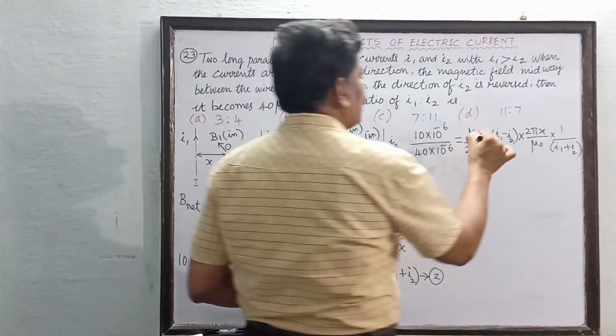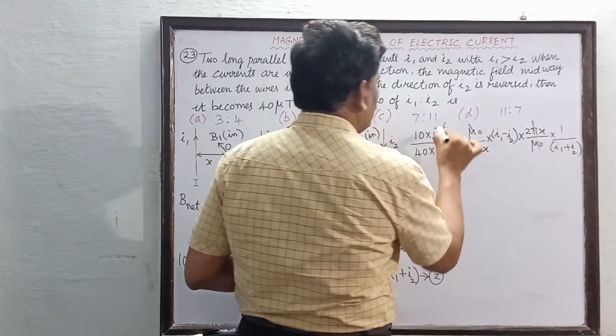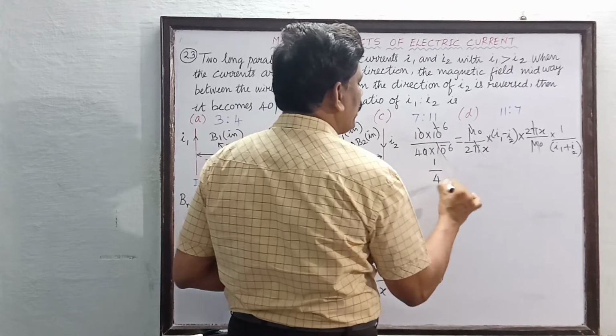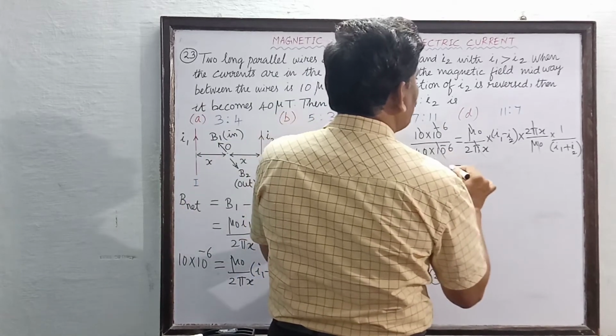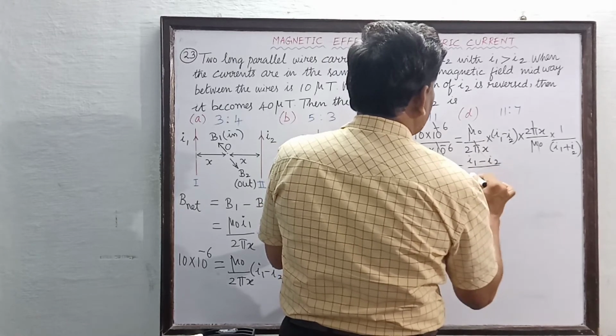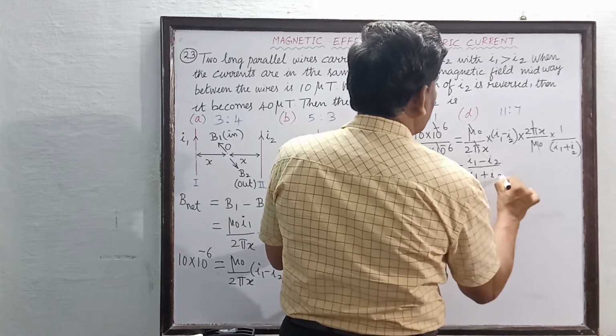So you can cancel these, so that 10 power minus 6 gets cancelled and the zeros get cancelled, so that the ratio 1 by 4 is equal to I1 minus I2 divided by I1 plus I2.